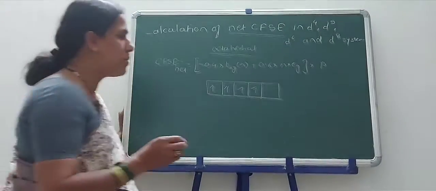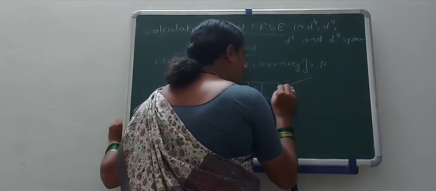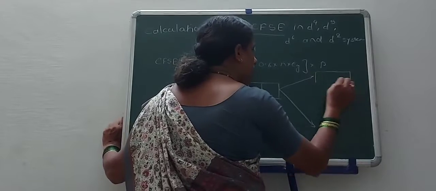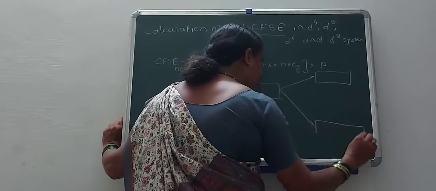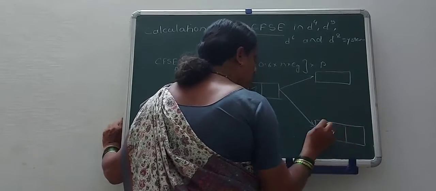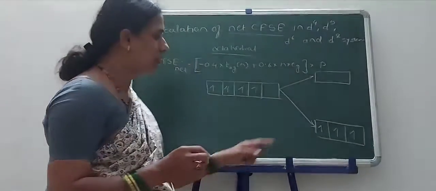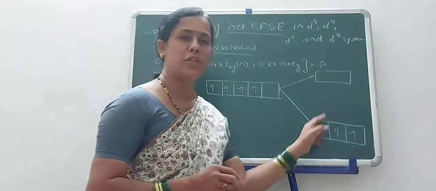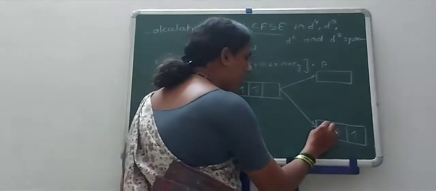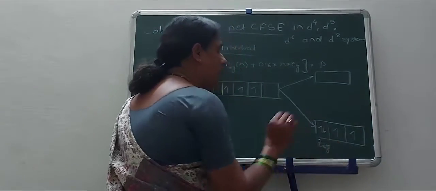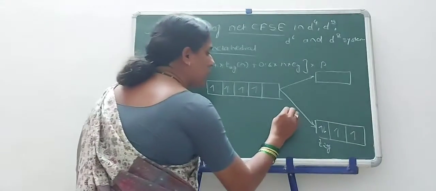In the case of a low spin complex, due to the high energy gap, the fourth electron gets aligned in the opposite spin, that is, it is paired in the T2g orbitals. This case lies in low spin.